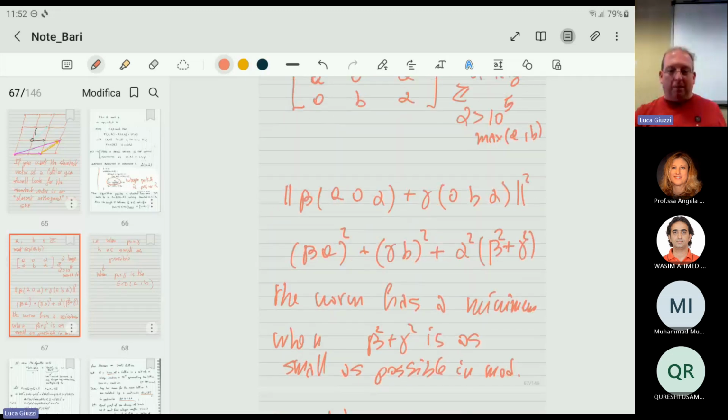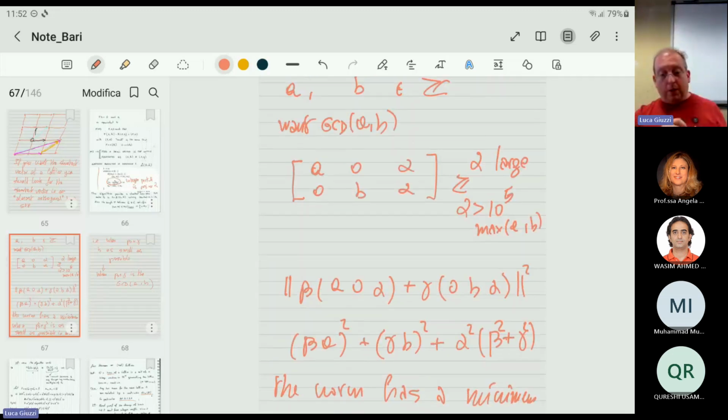And this is not a very efficient algorithm because alpha has to be large. We have to be sure that the term which dominates the norm is the term corresponding to alpha, because otherwise the algorithm will not work. But what, at least to me, was surprising is that you can formulate as a lattice-based algorithm also a problem which apparently is not lattice-based.